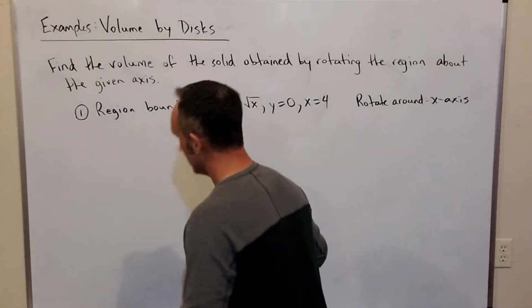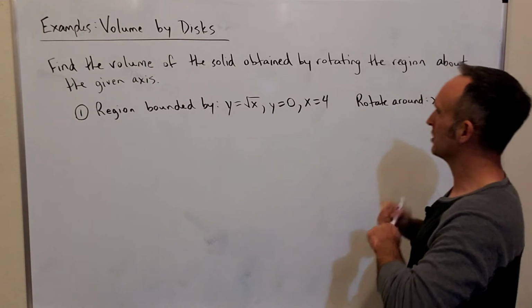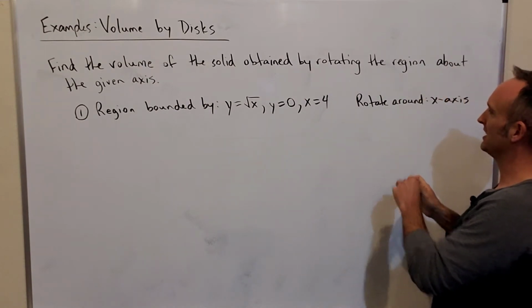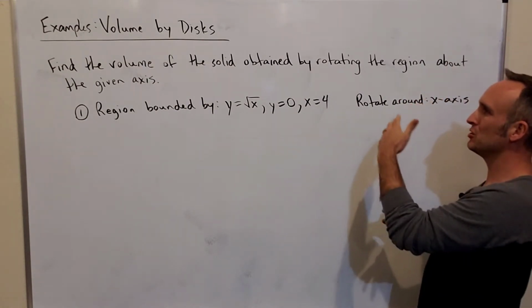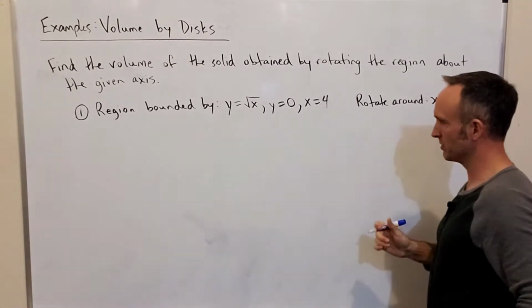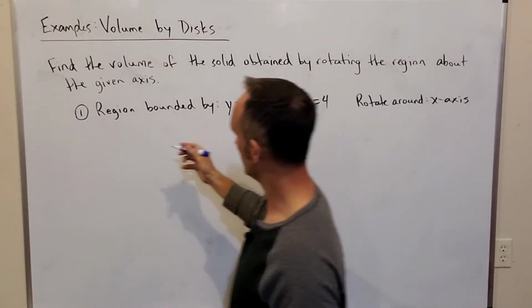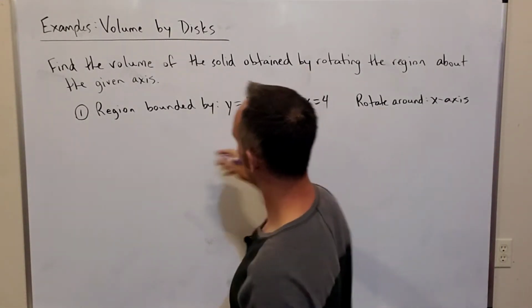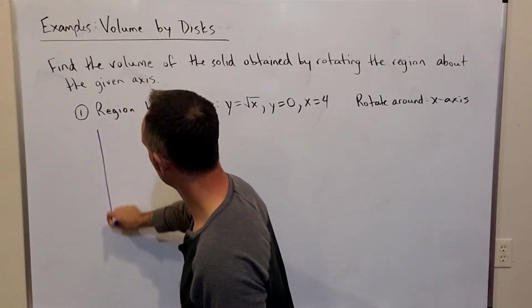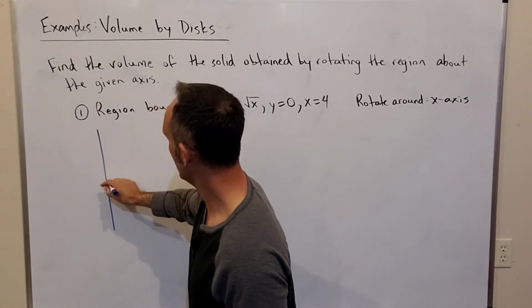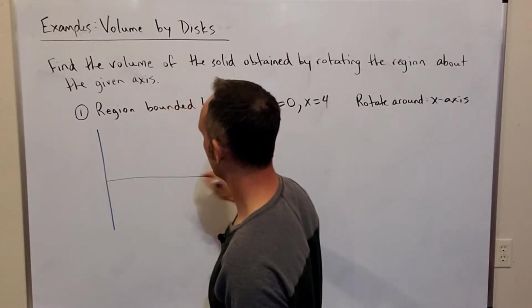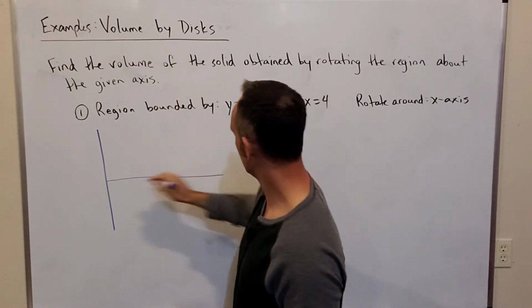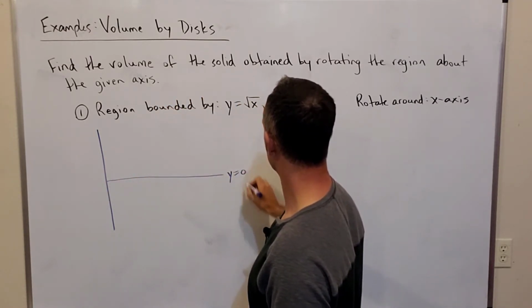So first thing we need to do is draw a picture of this region, think about rotating it, cutting it into disks, and then adding all those volumes together. So y equals the square root of x around the x-axis. We're going from y equals 0, so this is the y equals 0 line.